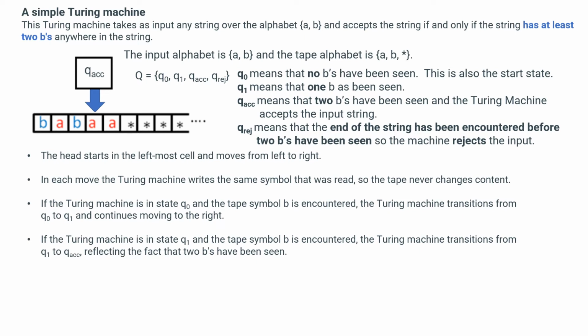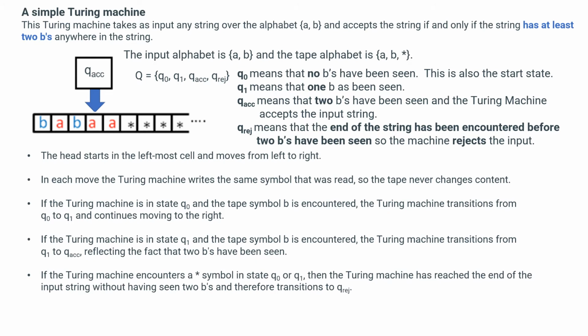Okay, but the fact that it's just found its second B means that we don't have to keep going, and we would say that we've reached QACC, the accept state. And we can stop. We don't even have to keep going no matter what's to the right because we have found at least two B's.